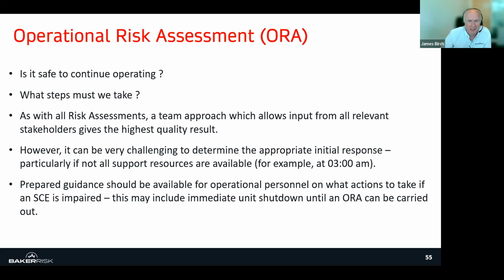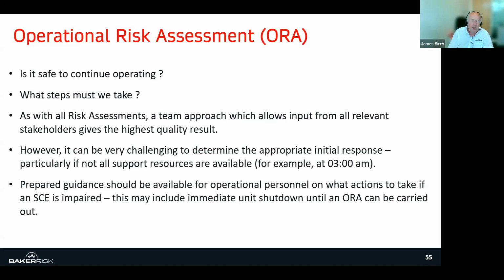So the two questions are, is it safe to continue operating the plant? And what steps must we take, either to shut it down or to continue that operation? So this is a risk assessment. Risk assessments work best with different points of view. Everybody brings some knowledge to the party. But have a bit of consideration for the people perhaps who might have to make this call.